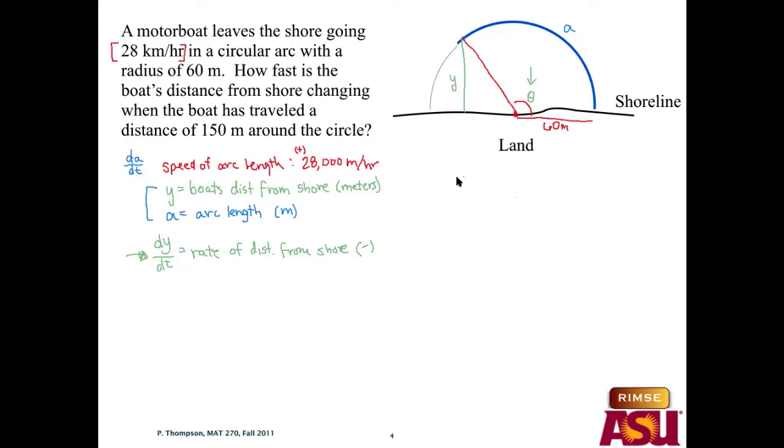So it's like we have a system of equations. A, the arc length, is just the number of radius lengths along here. The radius is 60, and theta tells me the number of radians. So the arc length is 60 theta. So if I was one radius length along, it would be 60 meters. 120 meters for theta equals 2, 150 meters for theta equals 2.5.